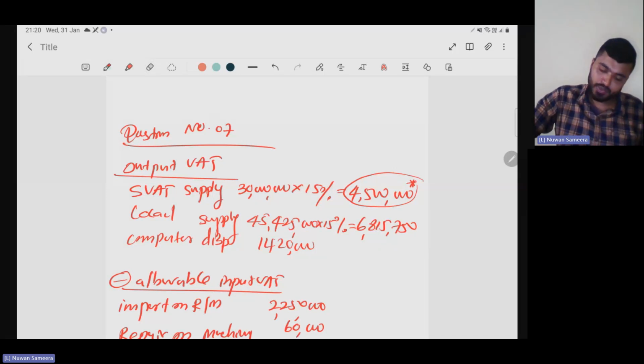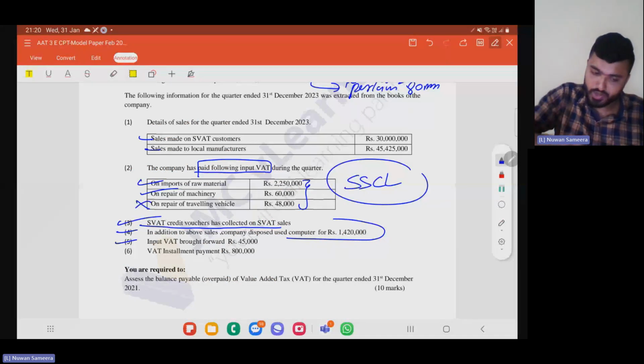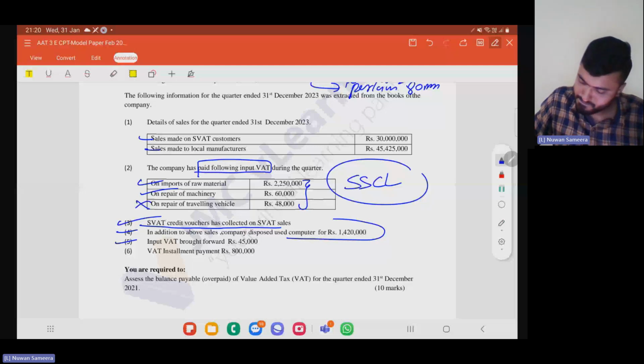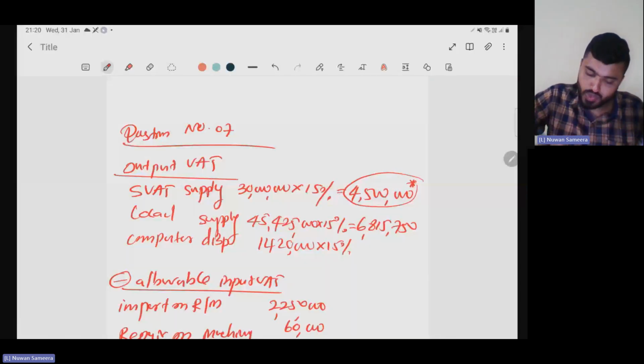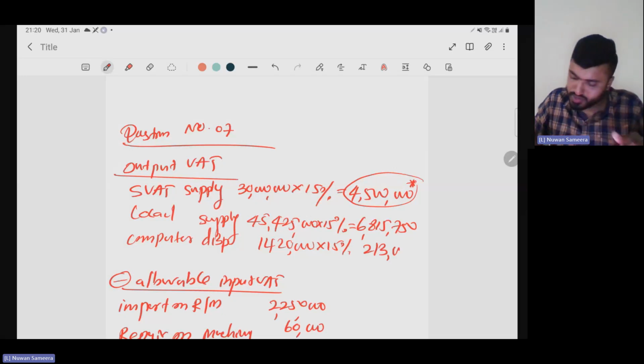There is an output VAT to be taken here. If any asset is disposed, it is also subject to VAT. 1,420 into 15% is 213,000. So what is the total now?